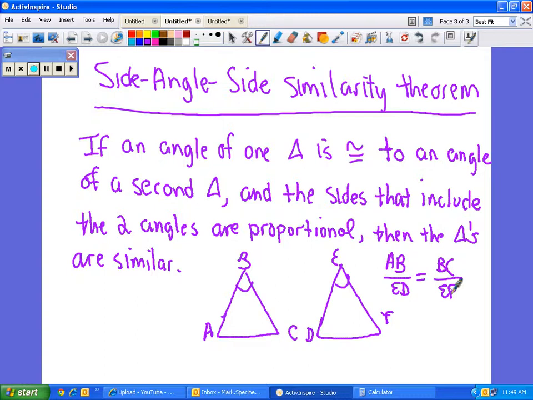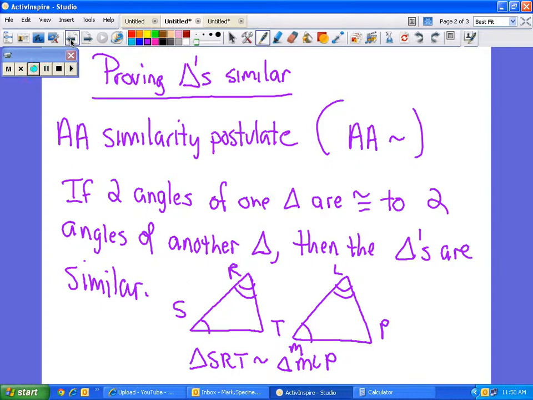Yes. Okay. I got a question. Okay. Right there, it says, whatever those are. Okay, let's go back. Could the angle T be congruent to angle L, or are you saying S and R and T and L are all congruent?